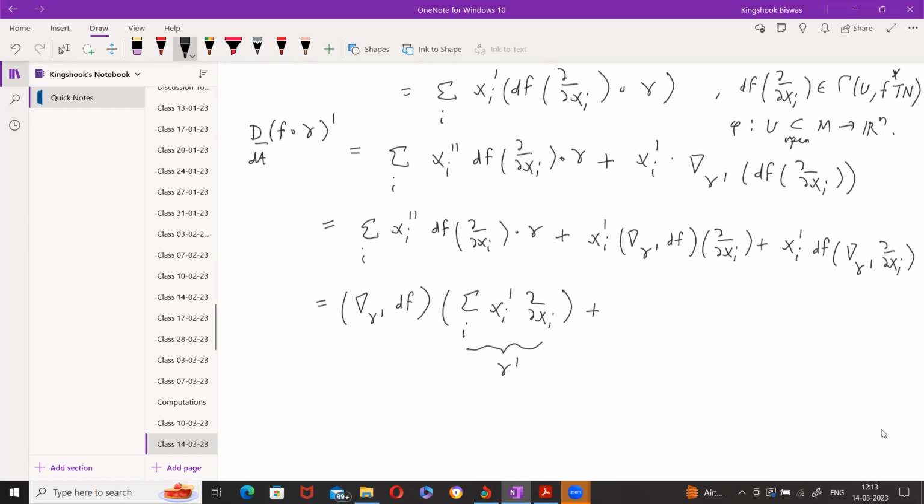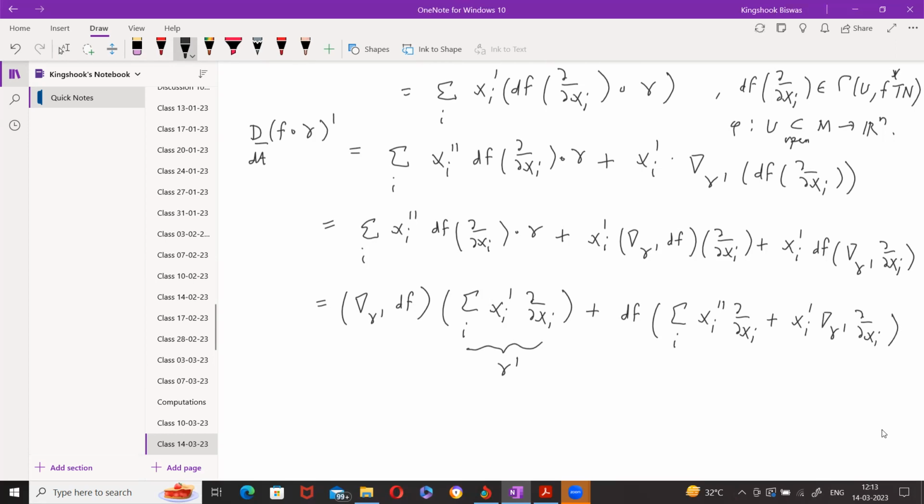And then I have, here I can take this df, I can put this xi double prime inside the df. And here I put this xi prime inside the df. So what I'll get is df of, inside, sum over I xi double prime del del xi plus xi prime nabla gamma prime of del del xi, right?